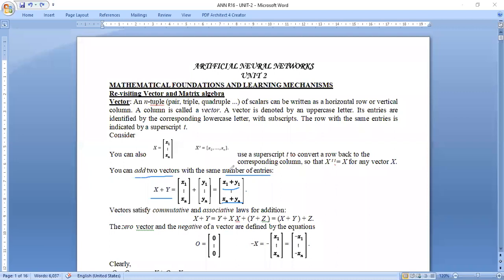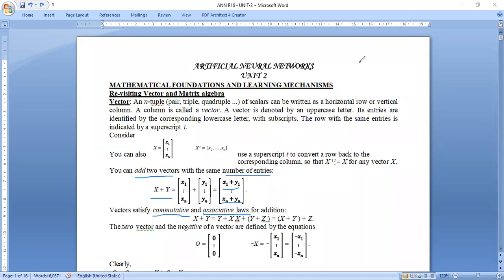Okay, and now the two laws of vectors: first one is the commutative law and second one is the associative law. Now we are going to discuss these two laws under vectors. What is the first one? The first one is the commutative law.